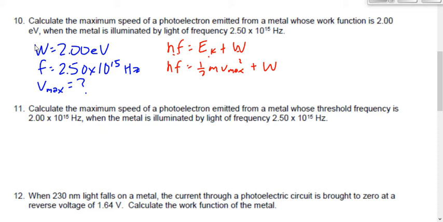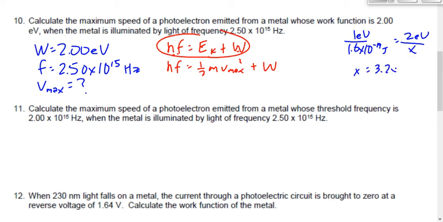If we were using this we'd be fine in either units. But as soon as we introduce qV or one half m v squared, we've got to use joules. So let's convert that 2 electron volts to joules. We know that 1 eV is 1.6 times 10 to the minus 19 joules. 2 eV is x joules. So x works out to be 3.2 times 10 to the minus 19 joules.